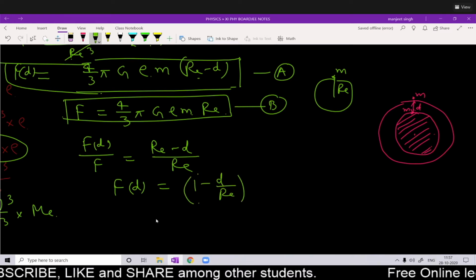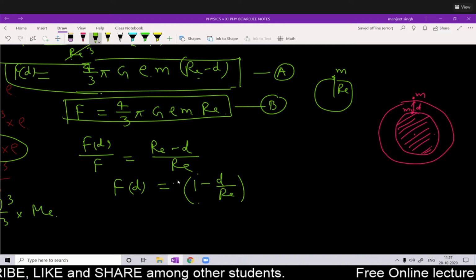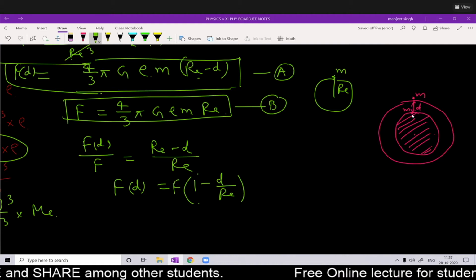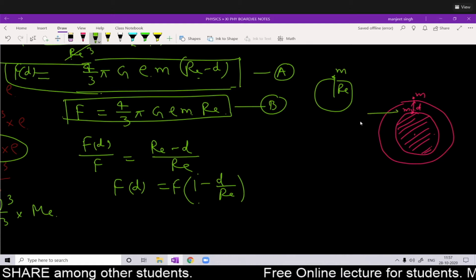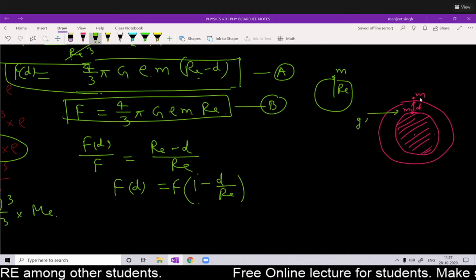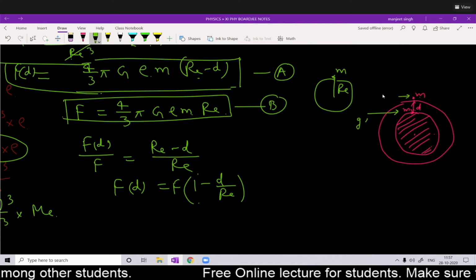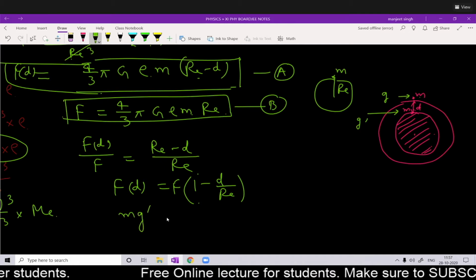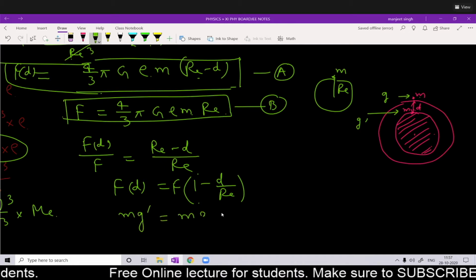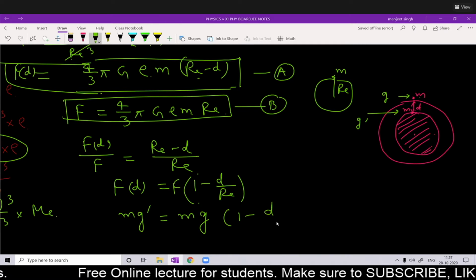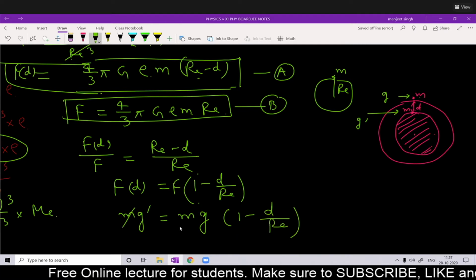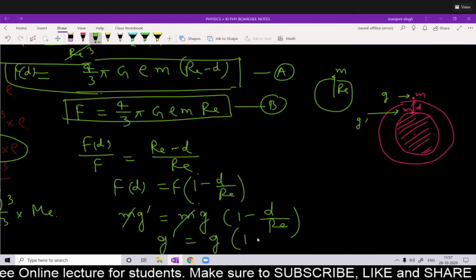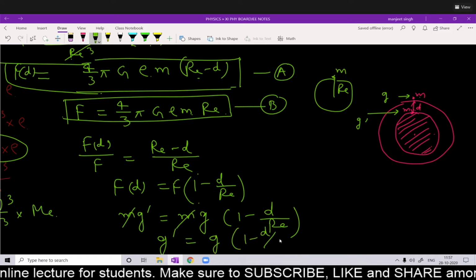Let the value of g at this place be g dash and the value of g at this place be g. Then we can write mg dash is equal to mg times 1 minus D upon RE, and this cancels out, we get g dash is equal to g times 1 minus D upon RE.